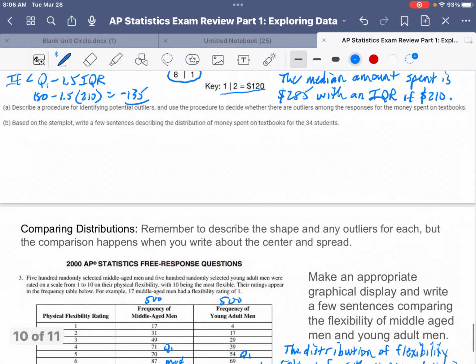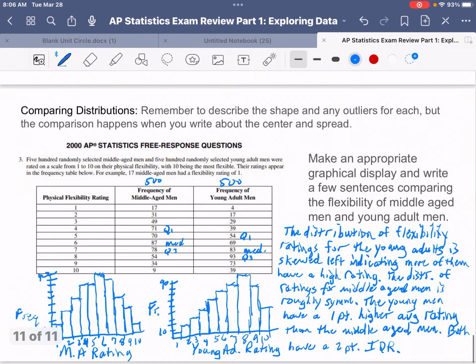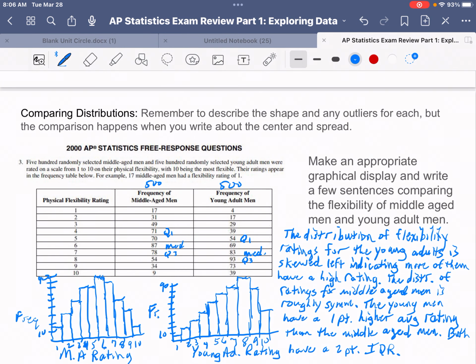Now, the next important thing that you need to remember how to do is to compare two distributions. Remember, when you're comparing two distributions, don't summarize both distributions. Compare them. And usually when you're comparing them, it's comparing the center and spread.